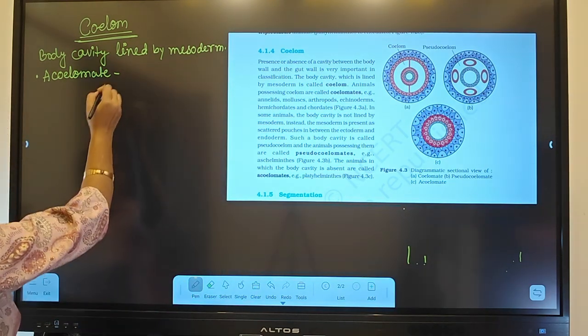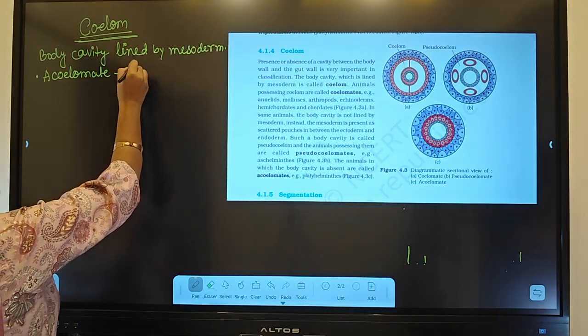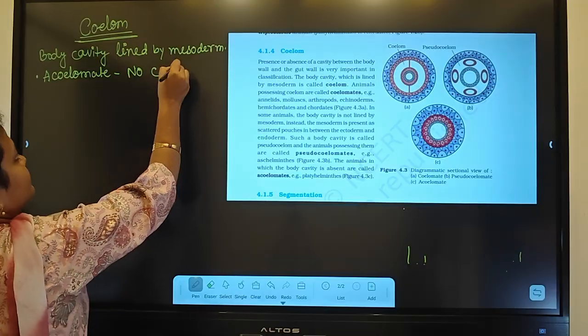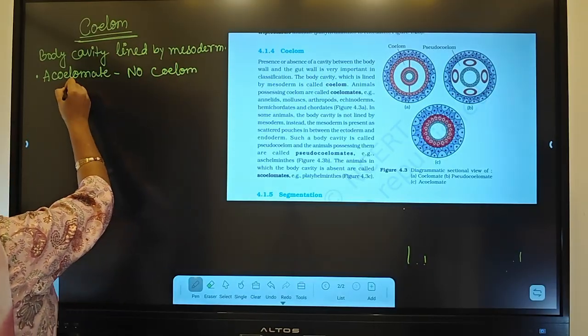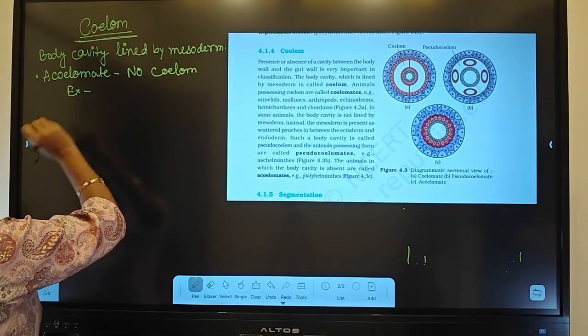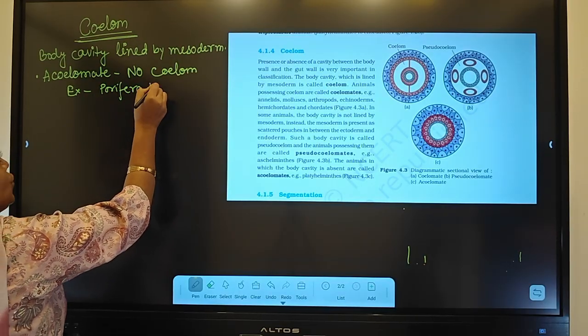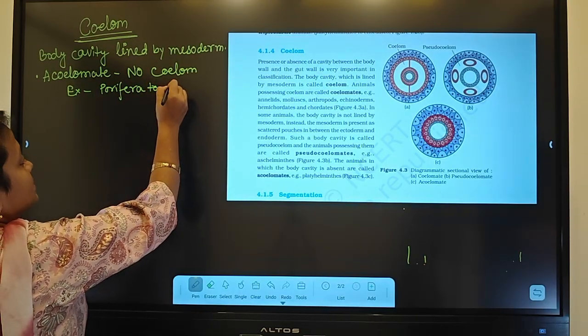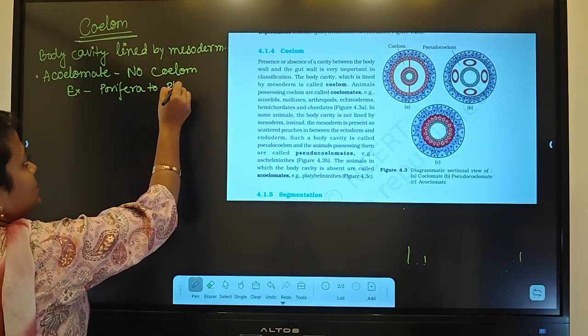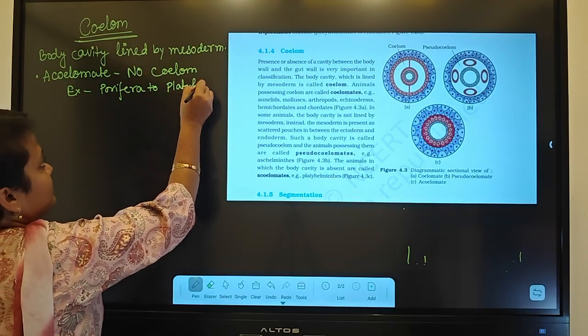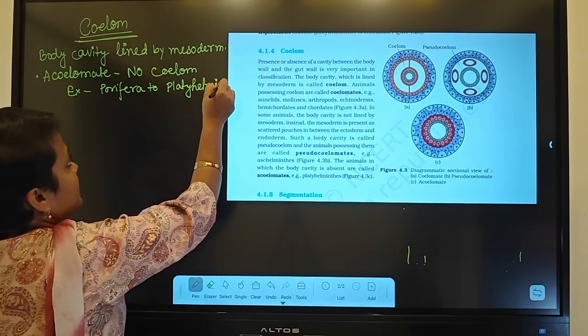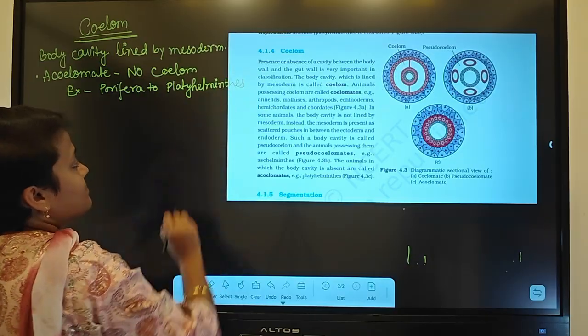So here, no coelom. Example, Porifera to Platyhelminths. Now you will ask me, ma'am, why Platyhelminths?